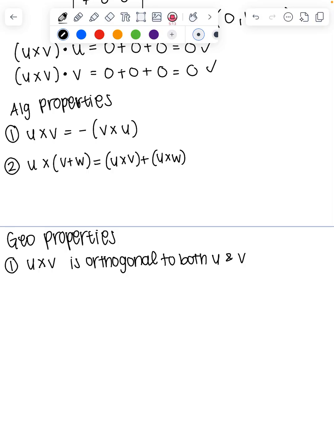We were just able to prove with one example. Okay, we're going to do number 2. This one's going to come up later as well. The magnitude of that cross product of u and v is going to be equal to the magnitude of u times the magnitude of v sine theta.